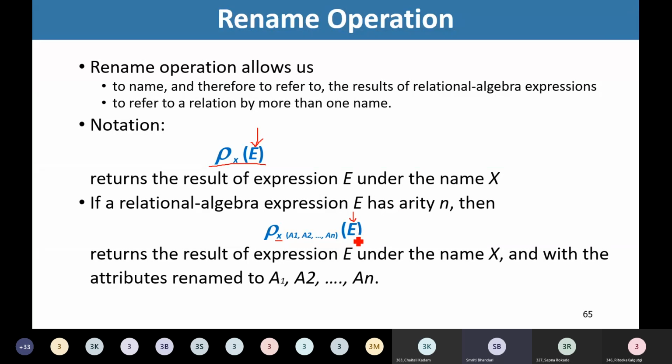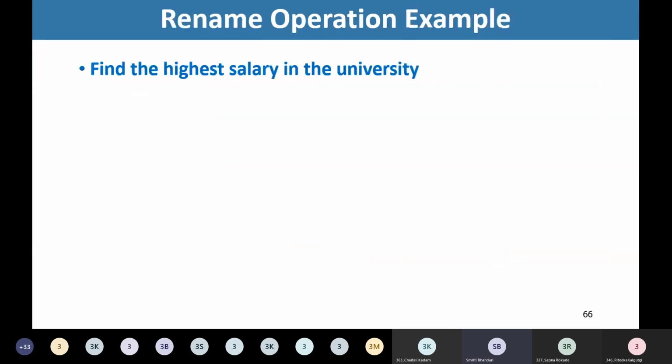So whatever the output of E is, that is a relation. That relation gets renamed as X, and whatever the attributes of that relation are, those are renamed as A1, A2 up to AN. So this is the formal definition of the rename operation.